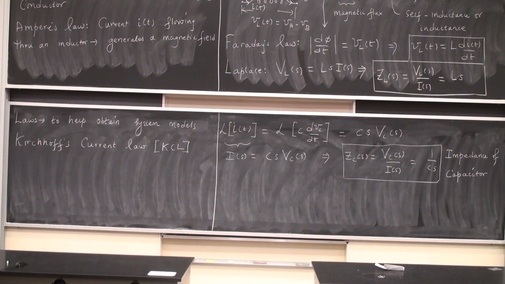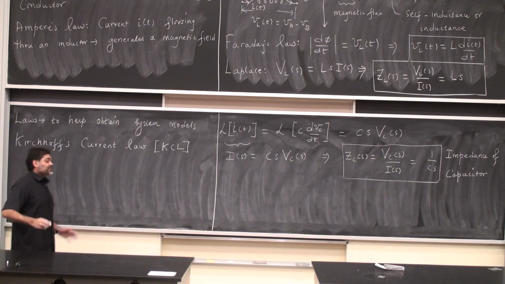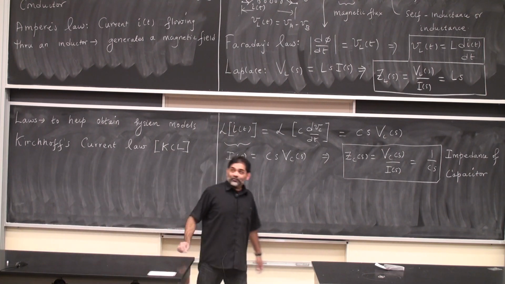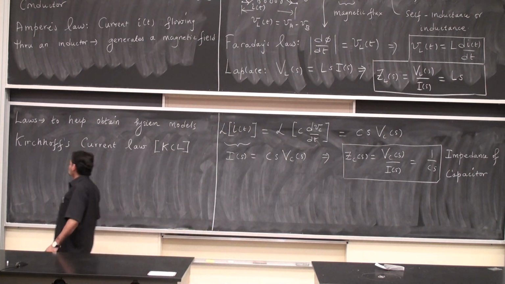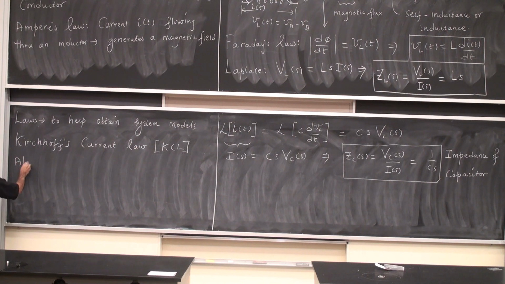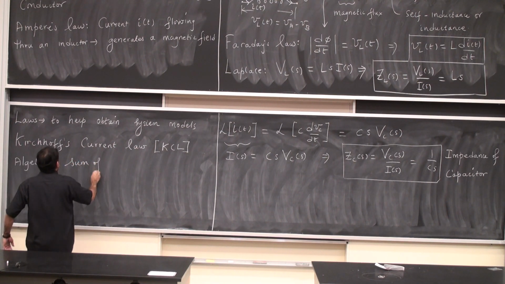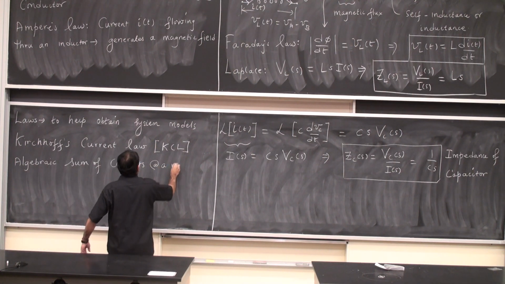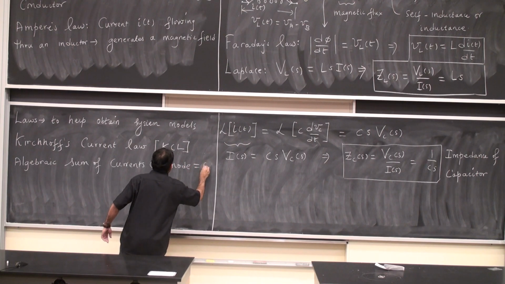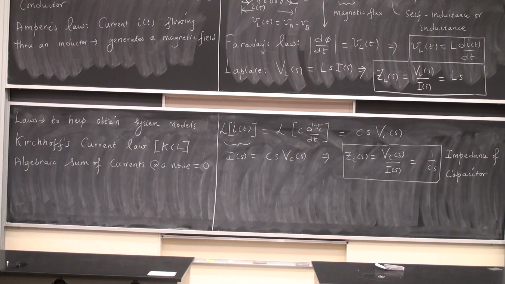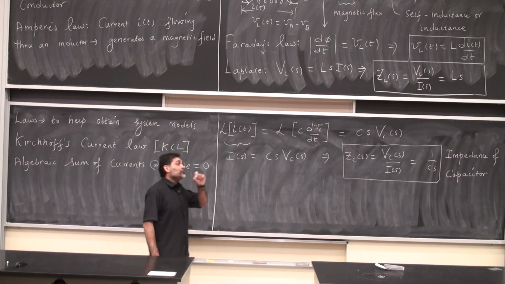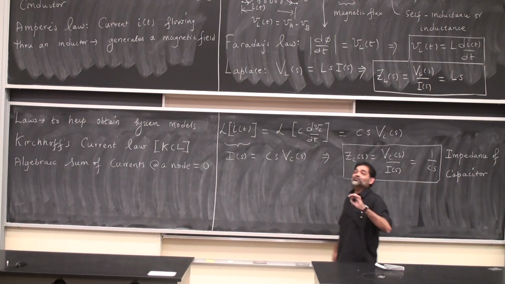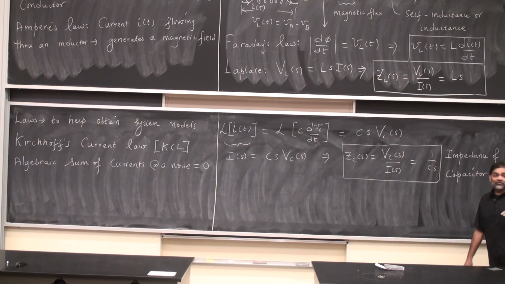Kirchhoff's current law essentially says that the algebraic sum of the currents at a node is 0. Okay, so the sum of currents at a node is 0, which tells you that there is no loss of charge in an electrical circuit, which means that all the charges are conserved.